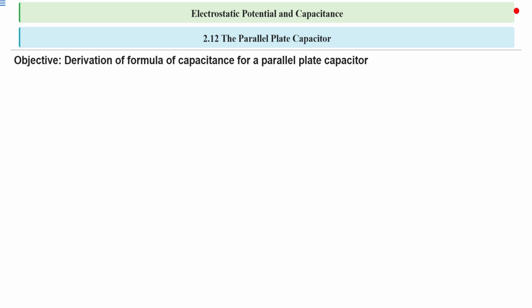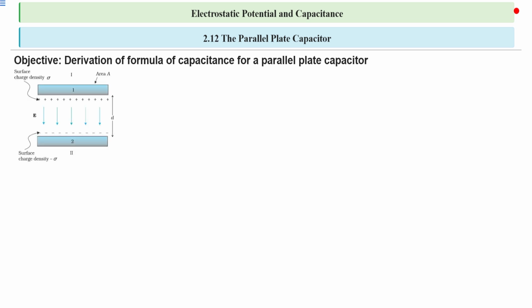Objective: derivation of the formula of capacitance for a parallel plate capacitor. Okay, this is a diagram for a parallel plate capacitor. As the name suggests, parallel plate. So, there are two parallel plates of conductors.